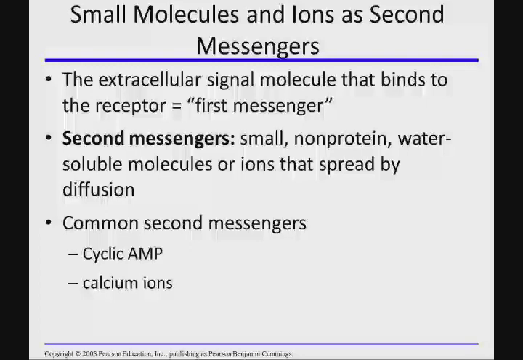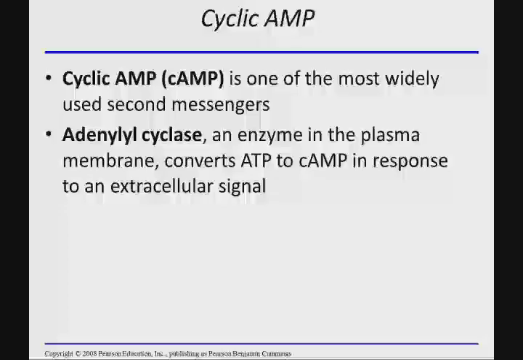And so these are going to be small non-protein molecules soluble in the cytoplasm that spread or diffuse, right? So they're going to move out through diffusion, and they're going to activate something else based on their concentration change ultimately. So common second messengers, and the examples that we're going to look at, are cyclic AMP and calcium.